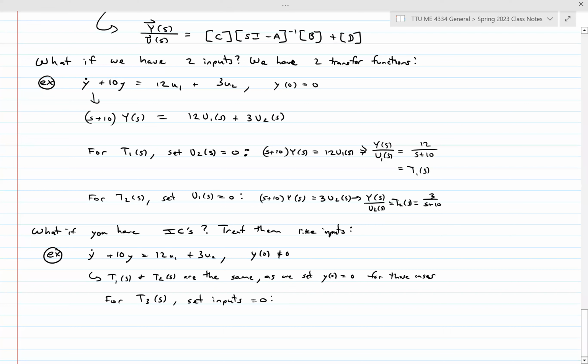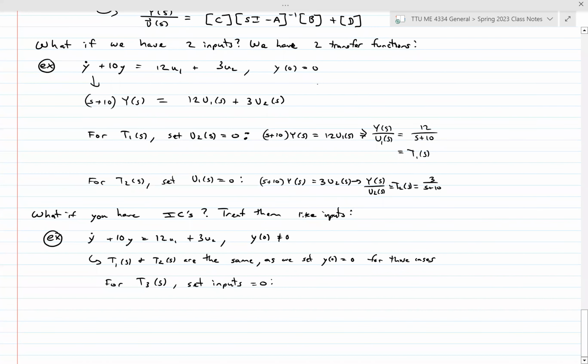So let's do a Laplace transform of this with our inputs equal to 0, but our initial condition non-zero. What do we end up with in this case?